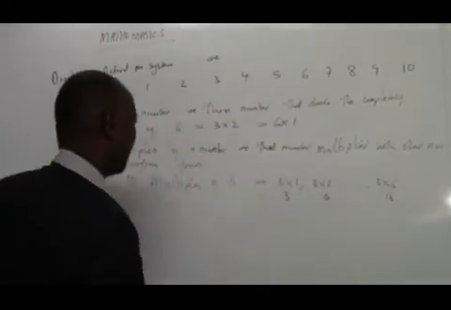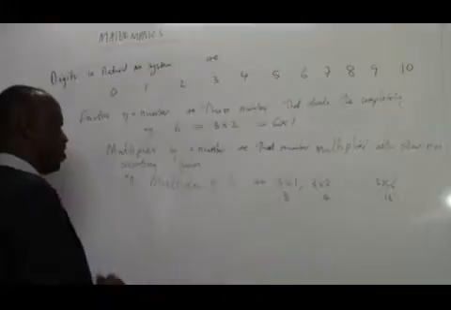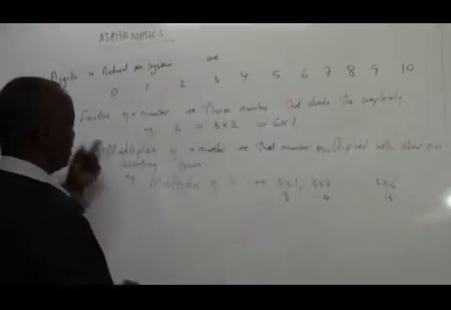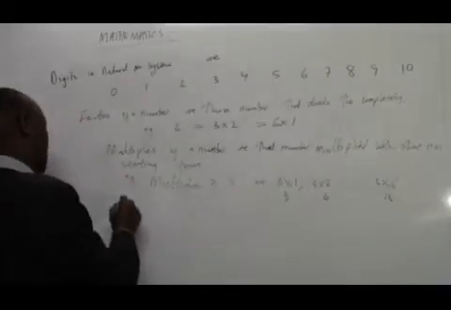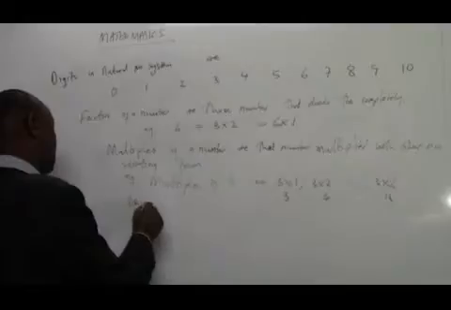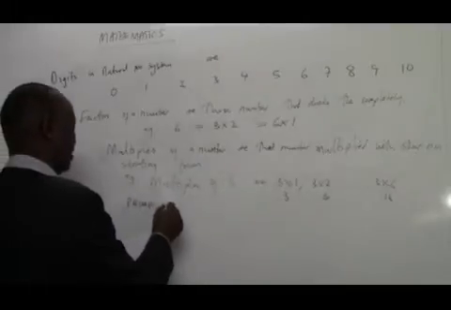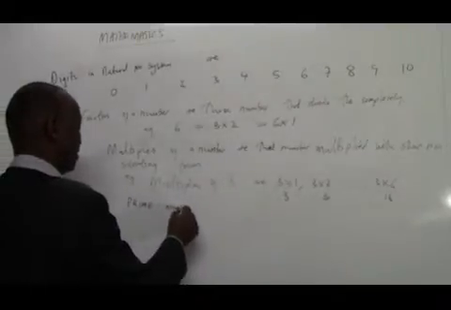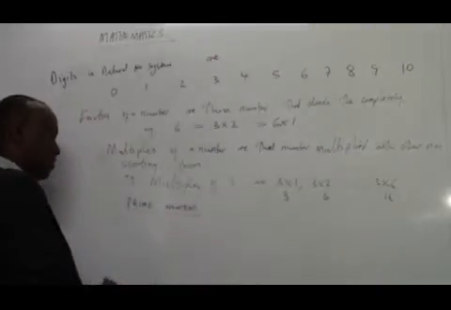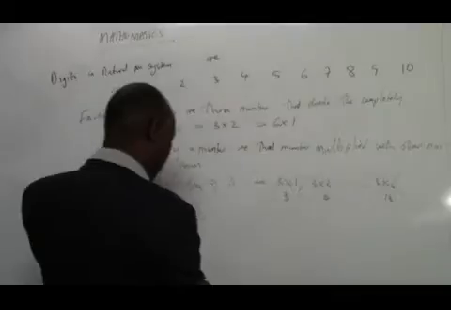Now, we have seen what is a factor, we have seen what is a multiple. Let's look at prime numbers. Now, a prime number has only 2 factors.